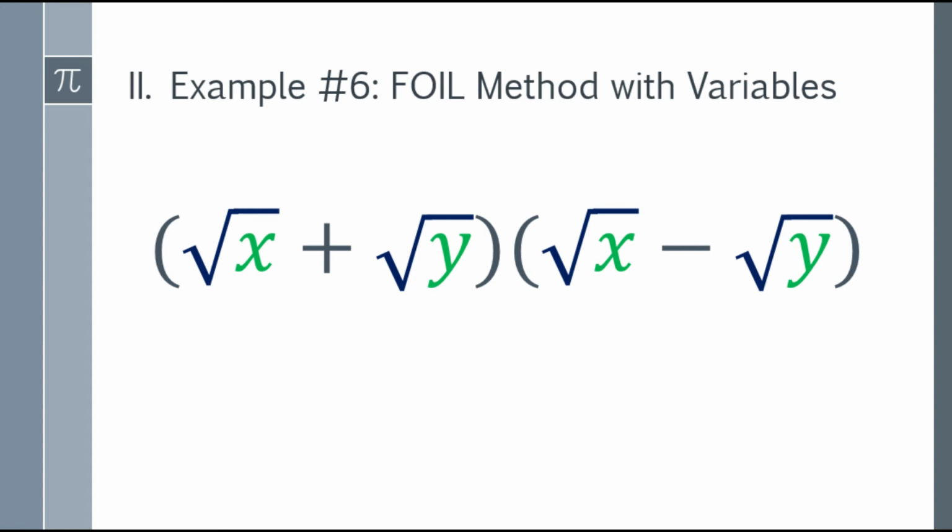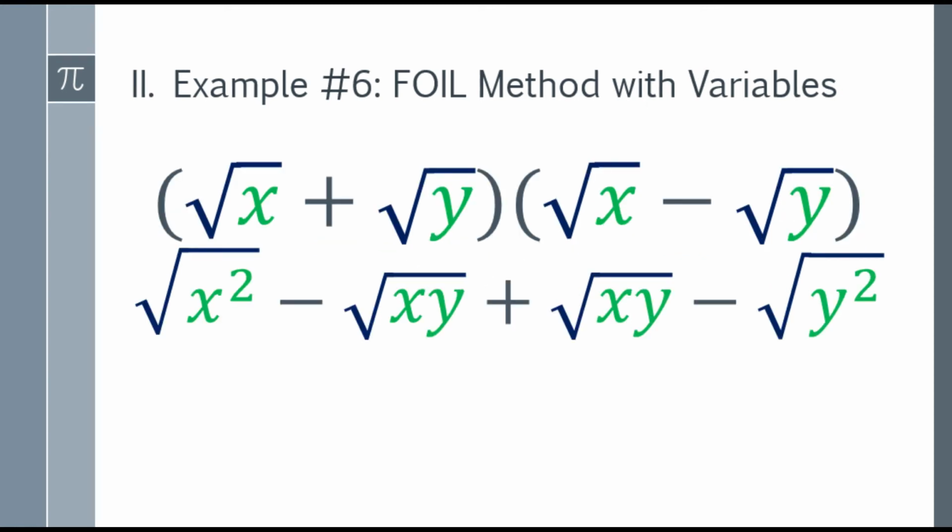Alright, so last example. How about the FOIL method with variables? It's the same, just with variables. We have the quantity square root of x plus square root of y, multiplied to the quantity square root of x minus square root of y. Multiplying, square root of x times square root of x will be the square root of x squared.